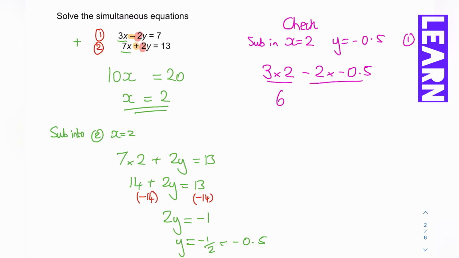Negative 2 times negative 0.5 is equal to positive 1. Okay, negative times a negative gives you a positive. That should equal the answer in the question, which is 7. So now, because you've completed that check, you know you have full marks on the question.